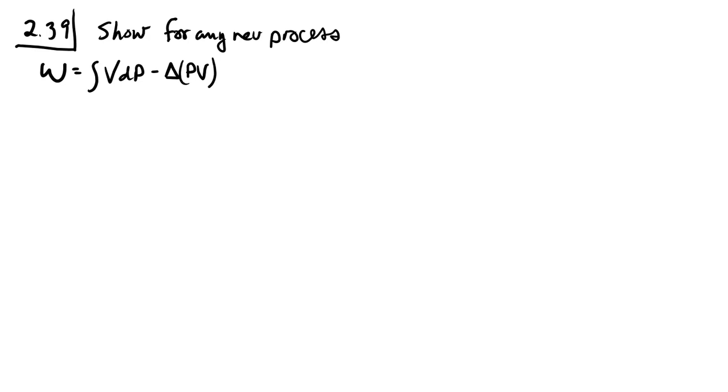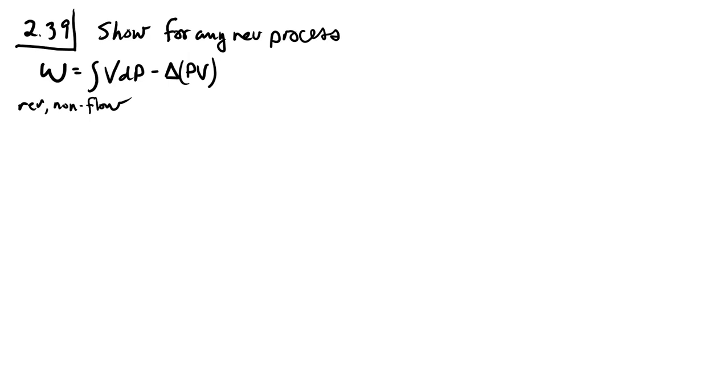Let's do this, and then we'll work on the heat part of the calculation. So this is reversible. This is non-flow. And it's arbitrary, so it just means it can be anything that we want. We want to show that work is equal to the integral of VdP minus delta PV.